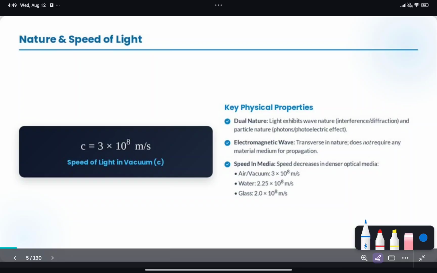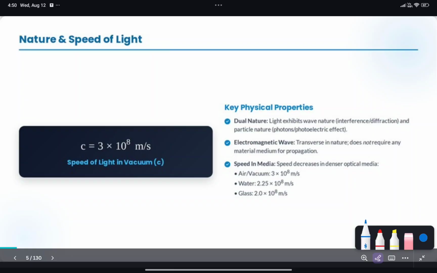Simply, denser means in a unit area, how many molecules exist. Simply that is what we call denser or rarer. There is a formula for finding whether it is denser or rarer. Simply density. Clear or not?